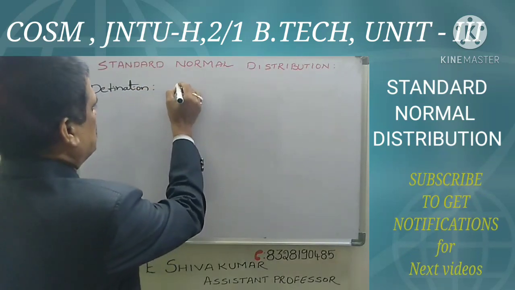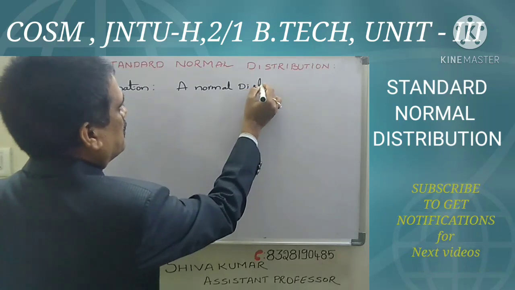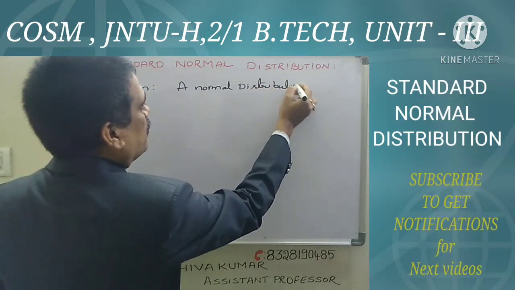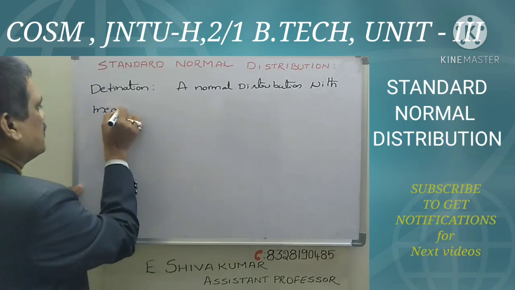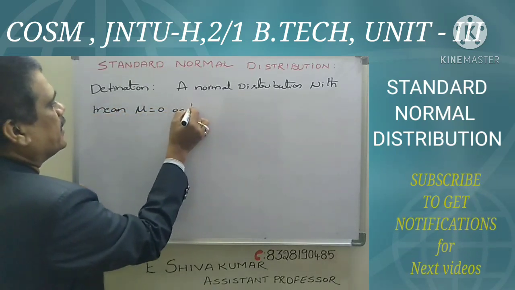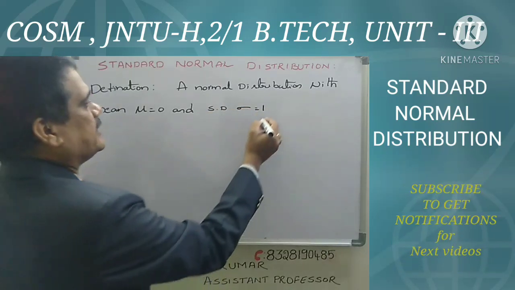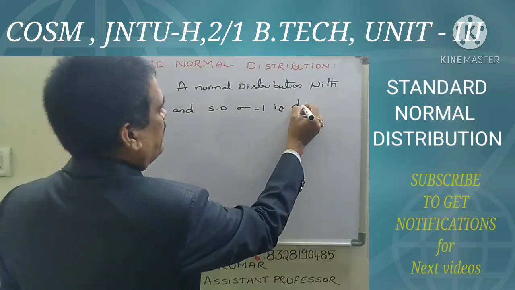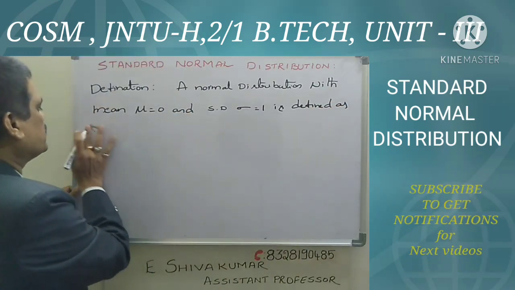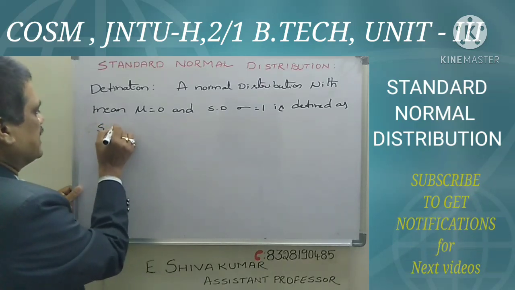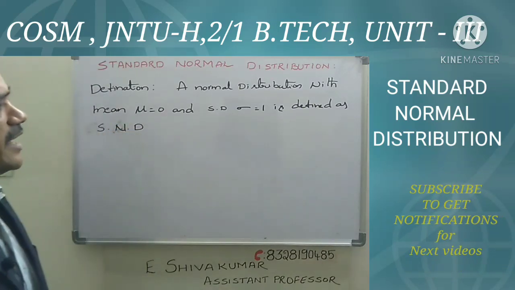A normal distribution with the mean mu equal to 0 and standard deviation sigma equal to 1 is defined as the standard normal distribution.